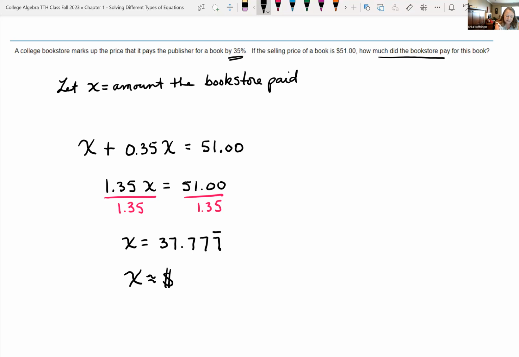So that 7 is going to round up to an 8. So the price that they bought the book at was $37.78. They marked it up 35% and sold it for $51.